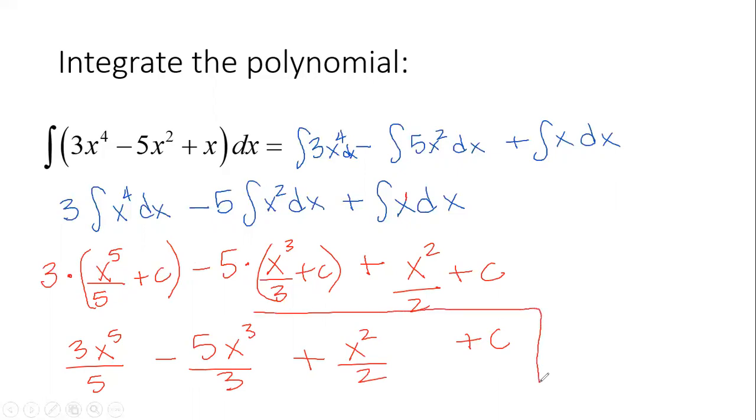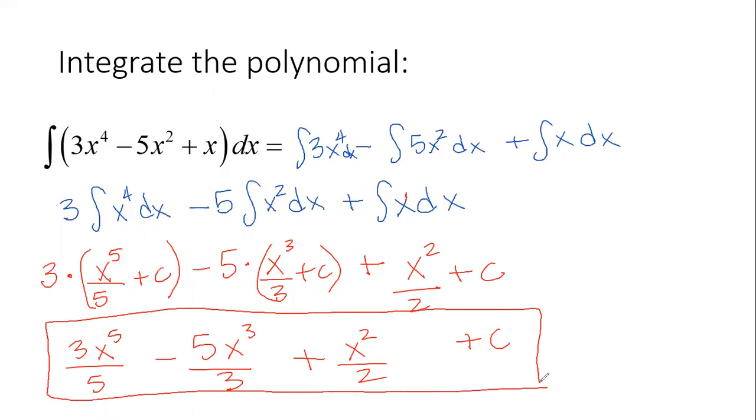So this is going to be my indefinite integral. It's known as an indefinite integral because we do not have a value for the c. For us to have a definite integral, we would have to have a value that we could find something for. Okay, moving on to our last example here.